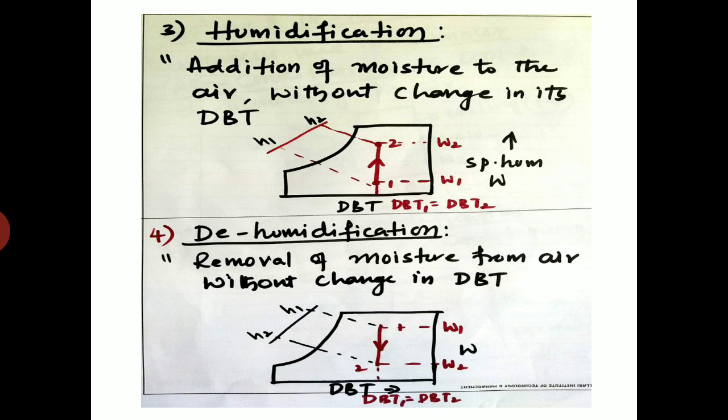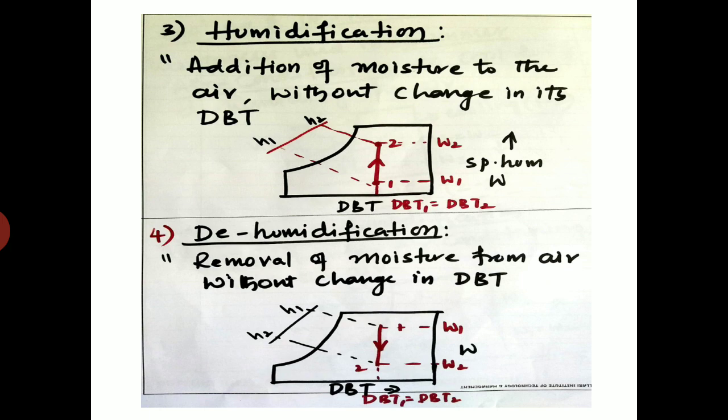Humidification is adding moisture to the air. When I add moisture to the air, the temperature of that air goes on increasing. A simple example: when you enter seashore areas, you feel your body temperature increasing or you feel sweating. Why are you feeling sweating? Because when sunlight falls on the surface of the sea water, the temperature of the sea water becomes higher.